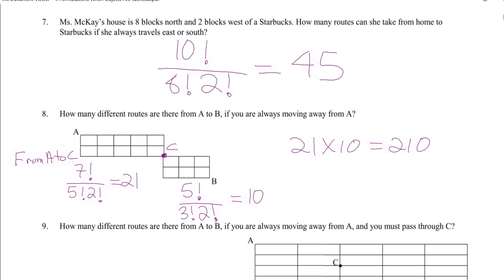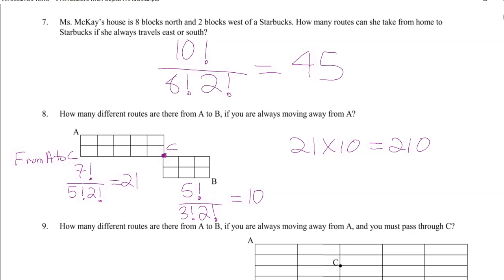For every one of the 21 ways that you can get from A to C, you then have a total of 10 paths to go from C to B, right? So for every one of those 21 ways, there's 10, so you're going to multiply that, not add. So just ask yourself, and again, just put it in English to say, I'm going to use or, I'm going to use and, which one makes sense?